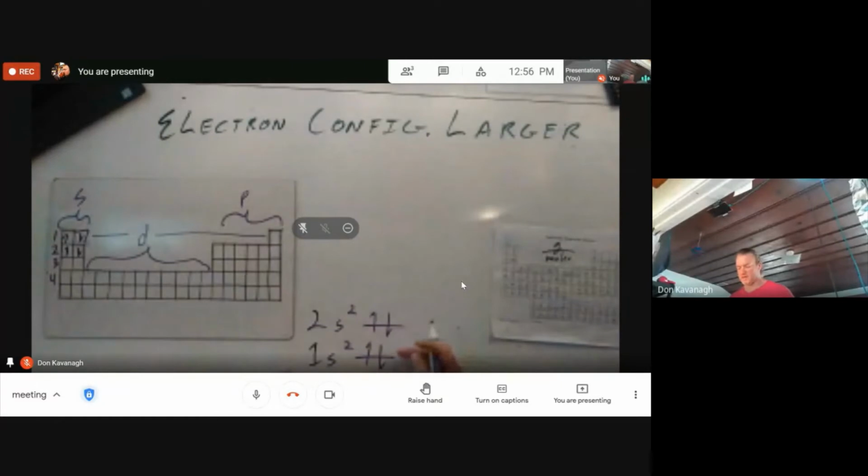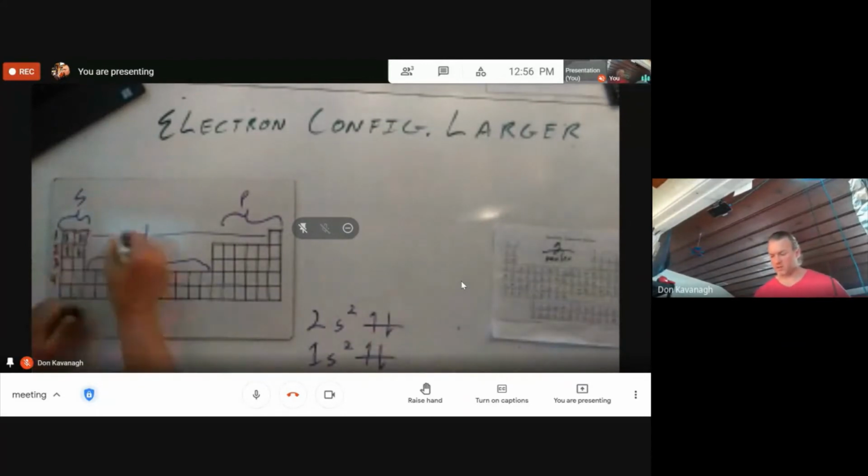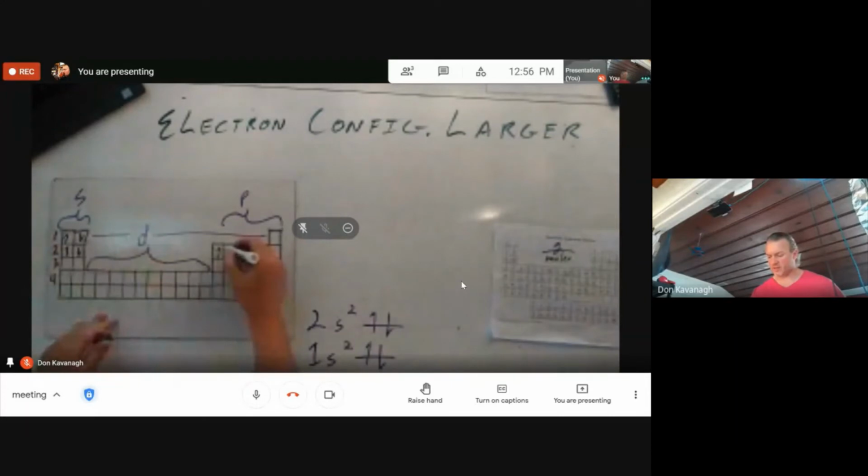The 1s electrons are the closest, the 2s a little further away. So I have this slice showing it here with the electrons. Filling in left to right, 6 electrons going here in the 2p6.